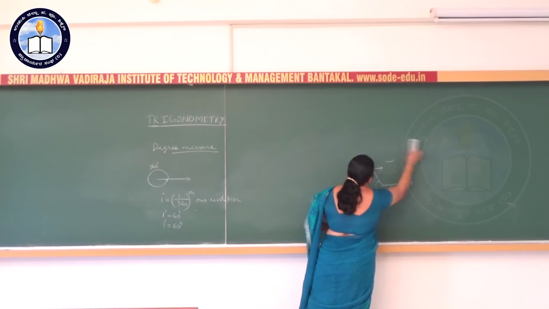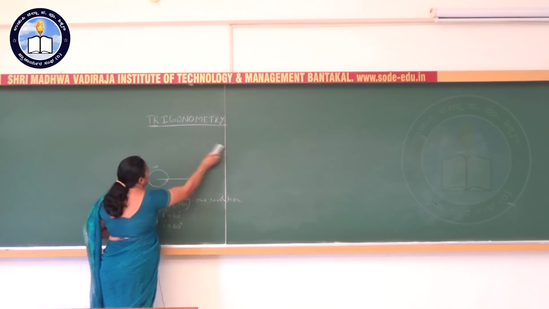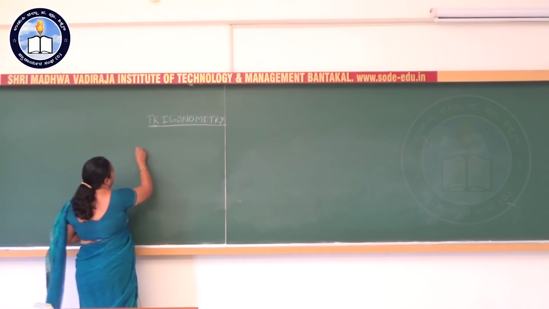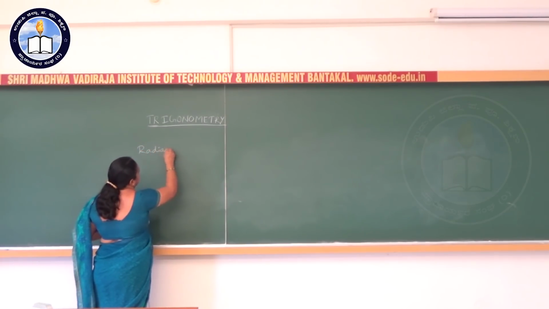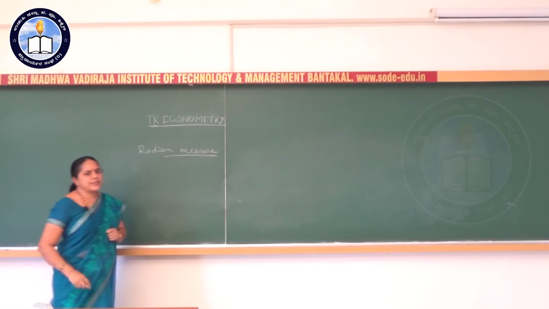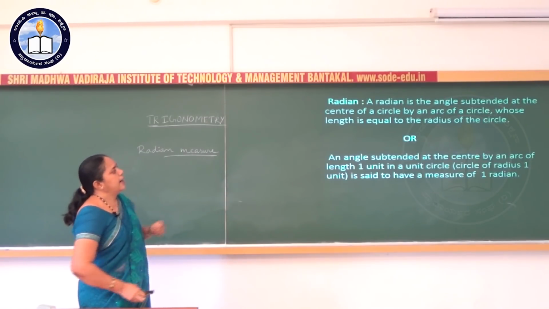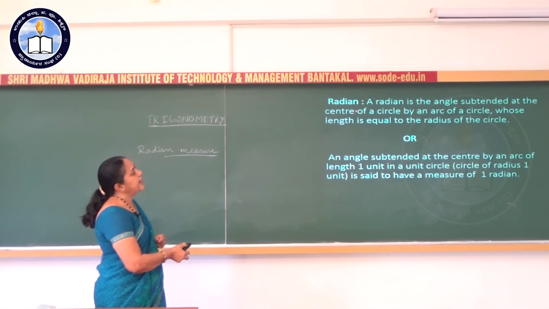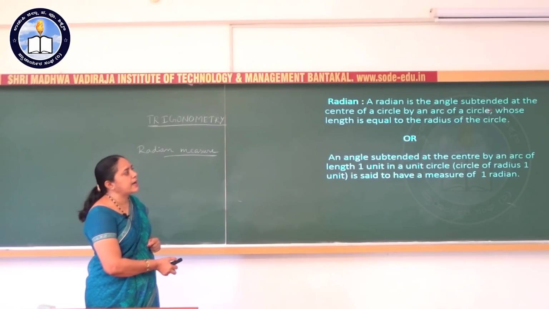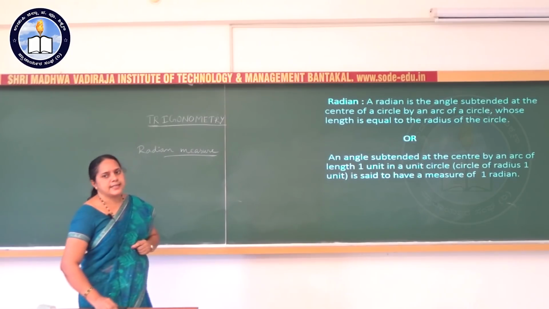Now, we have a new measurement of an angle, that is radian. What is 1 radian? A radian measure of an angle is a new unit of measurement. A radian is the angle subtended at the center of a circle by an arc of a circle whose length is equal to the radius of the circle.